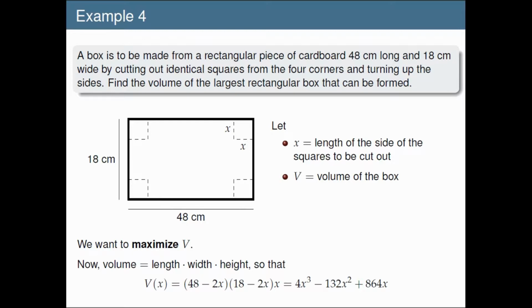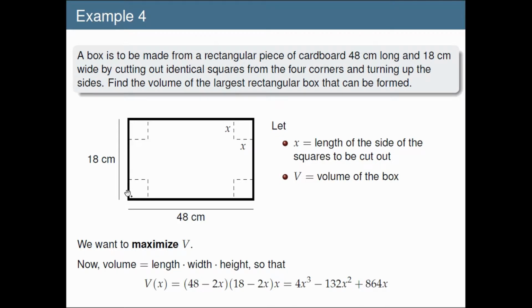We now get the constraint for x. X is a length, so x must be positive. X must be greater than 0. Also, kailangan makapag-cut tayo ng dalawang squares along this side.